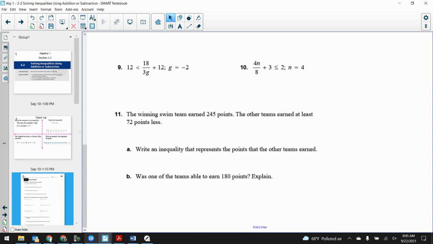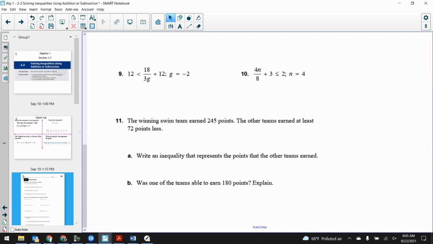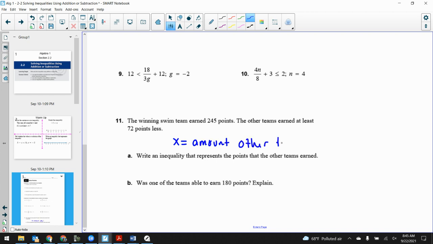If X is the amount for the other teams, then I know the difference between the winning team and the other teams. The difference between the amount the winning team earned and the amount the other teams earned is at least 72, right?